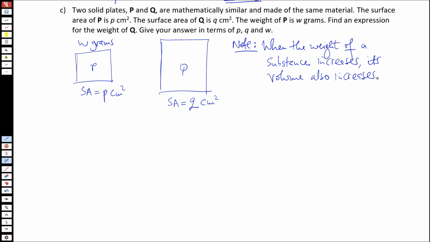First of all, you're given the area. So let's start from the ratio of the areas, then we'll find the ratio of the lengths, then the ratio of the volumes, and then we'll use the weight to find the weight of Q.